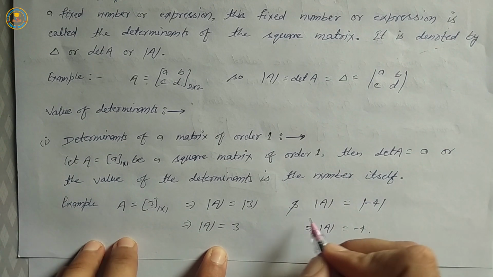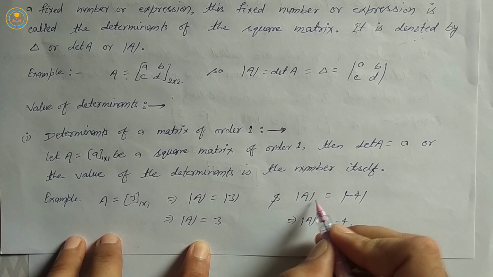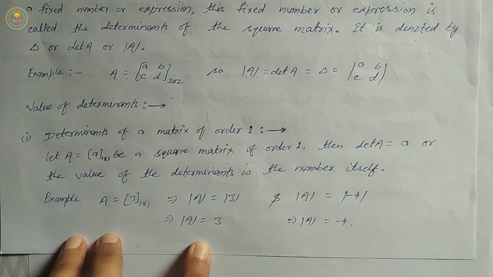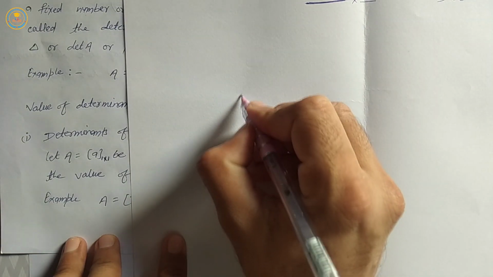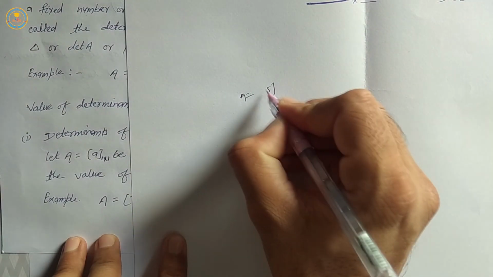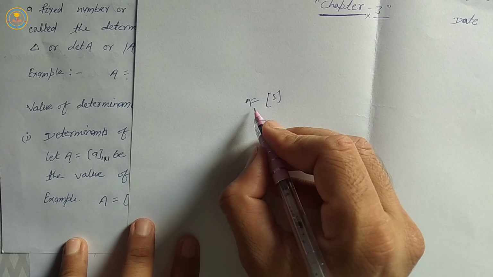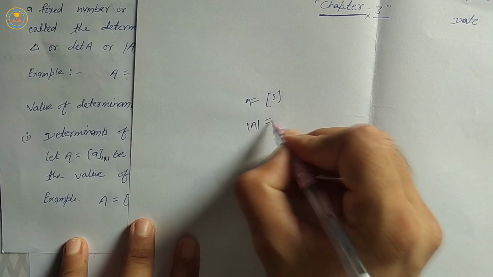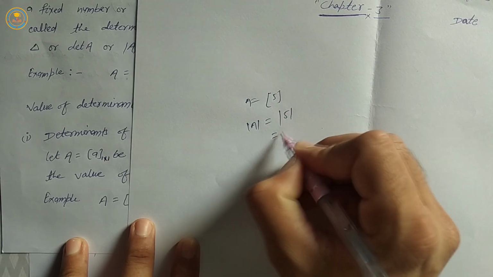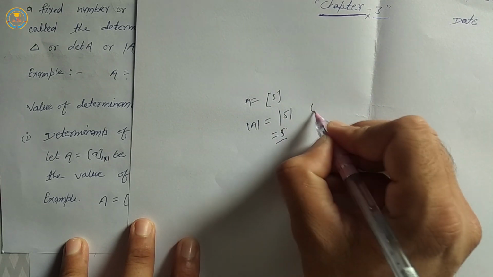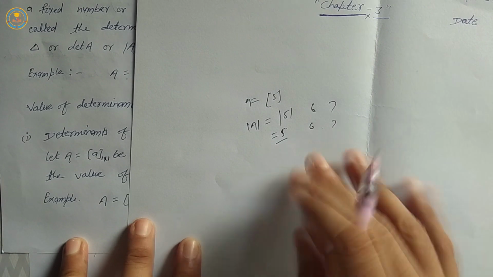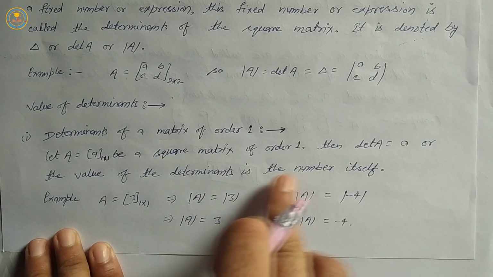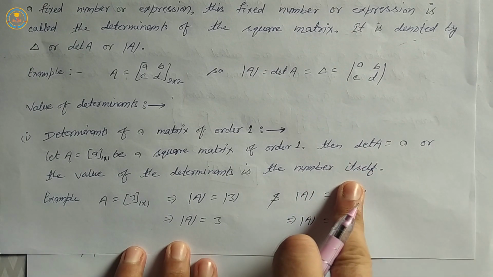Another example: the determinant of A equal to [-4] is -4. Next, A equals matrix [5], so the determinant of A is 5. That is, the value of the determinant is the number itself.